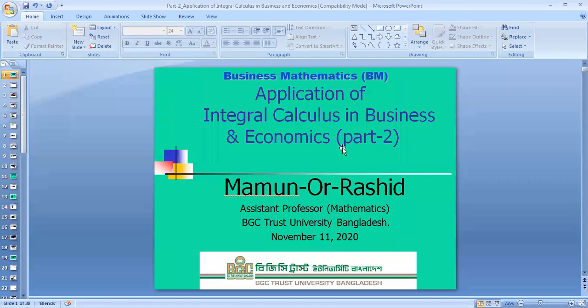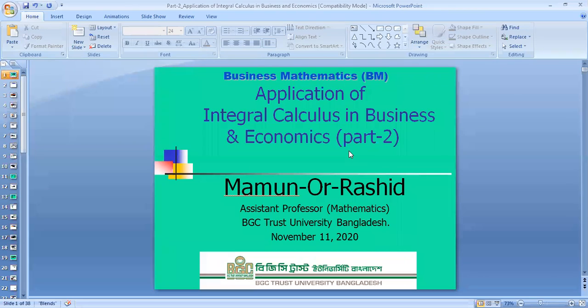Okay, today we'll start the business mathematics course, second part of application of integral calculus in business and economics. In the previous class we studied more about this application of integral calculus in business and economics.